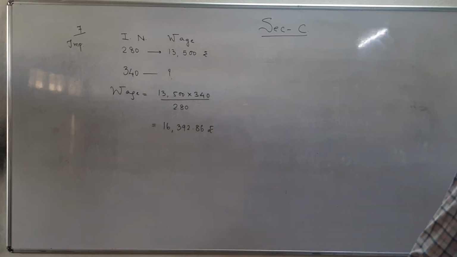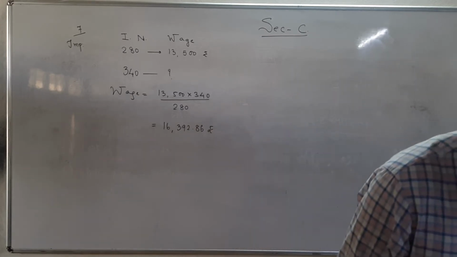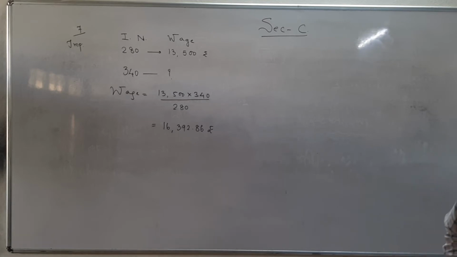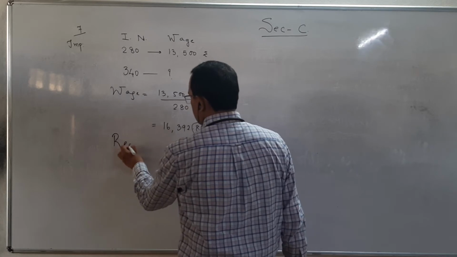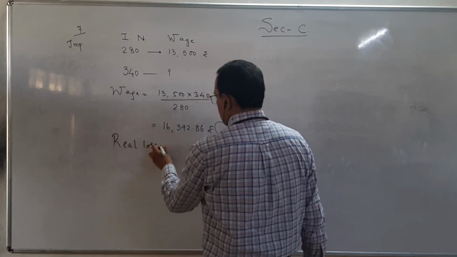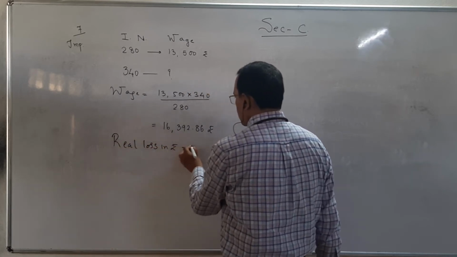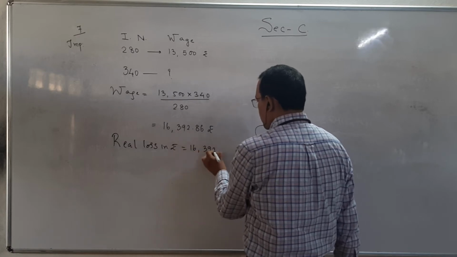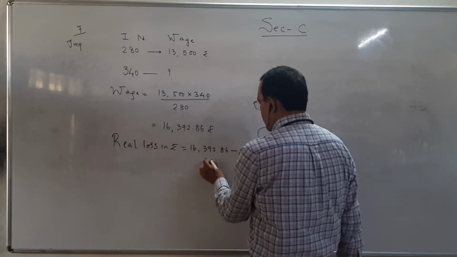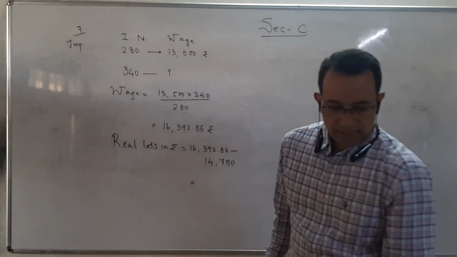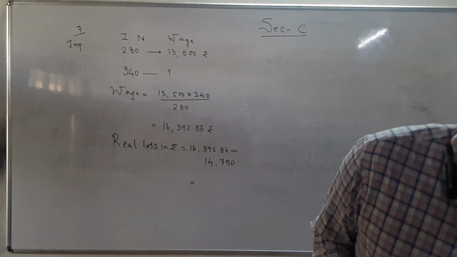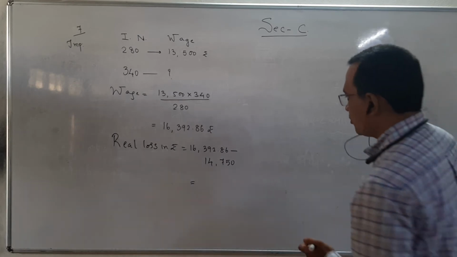But according to the question, the wage is 14,750. So the real loss in rupees will be 16,392.86 minus 14,750, and that comes out to be 1,642.86.